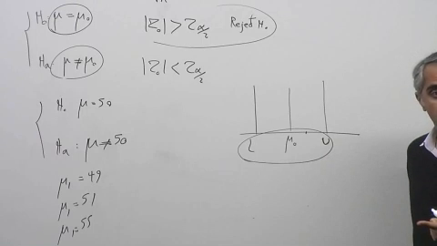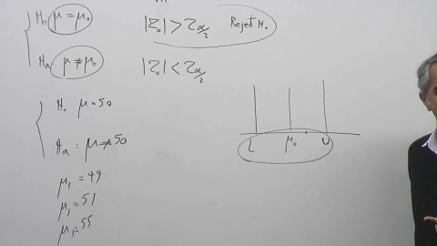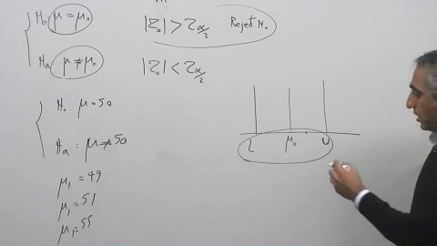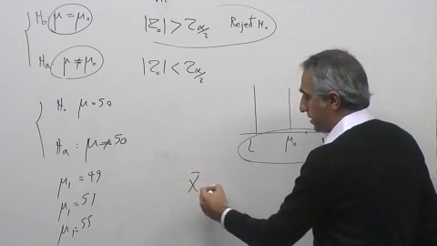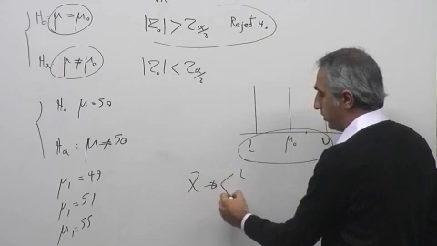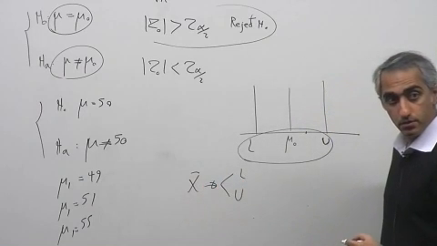Then you are making a type 2 error. Okay? So if you have some x bar, based on this x bar, you find the lower limit and upper limit. Okay?